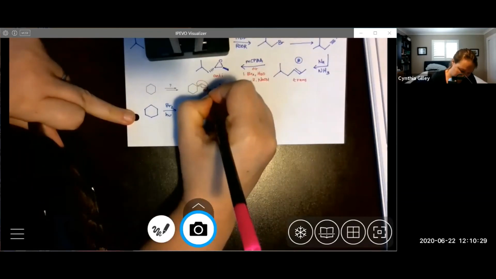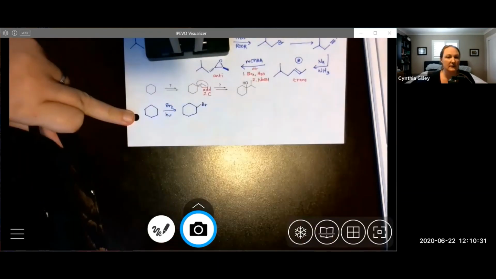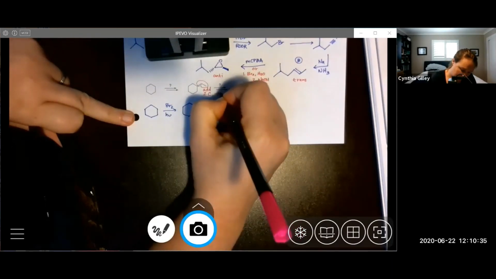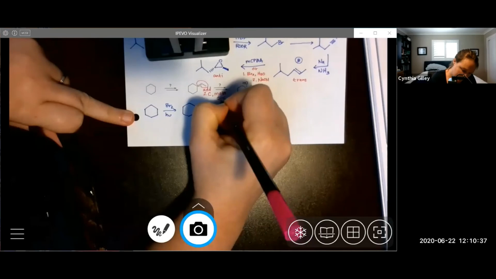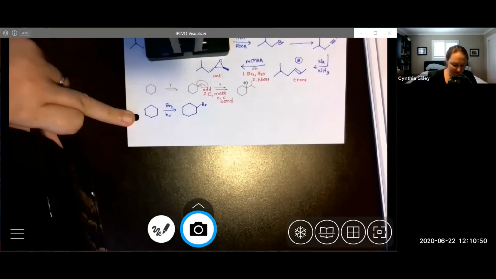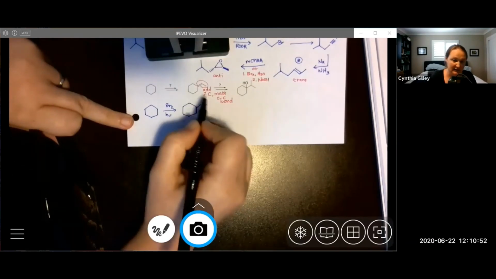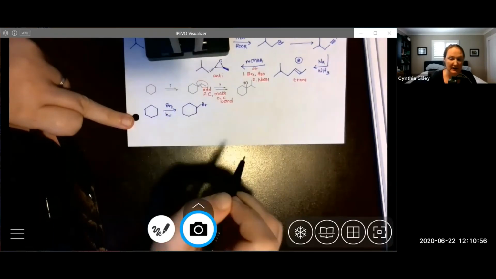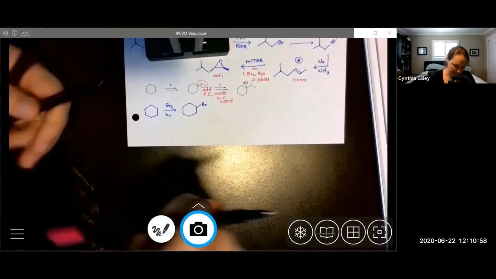We need to make a new carbon-carbon bond. So we have two choices: we can either do an alkyne or we can do a Grignard. In this case, I think it makes more sense to use the Grignard. We already have the alkyl halide here, so we can make a Grignard directly from this to make that new carbon-carbon bond.